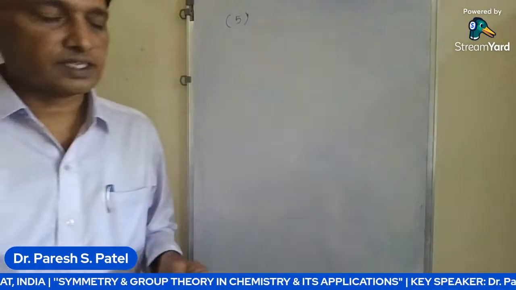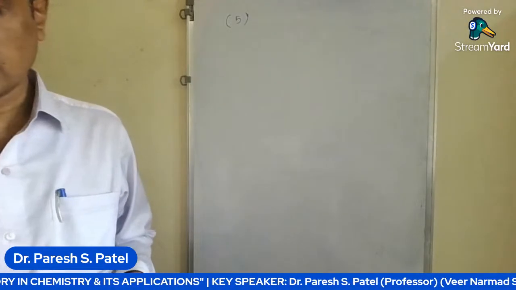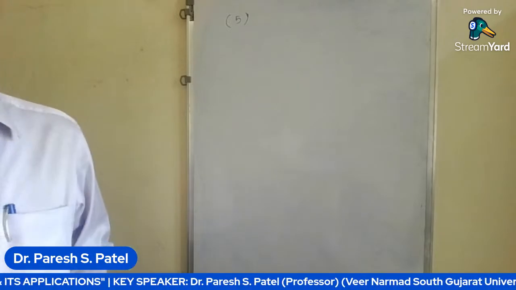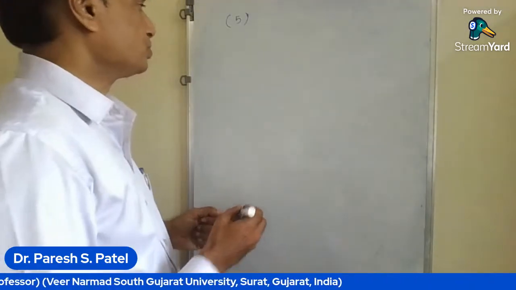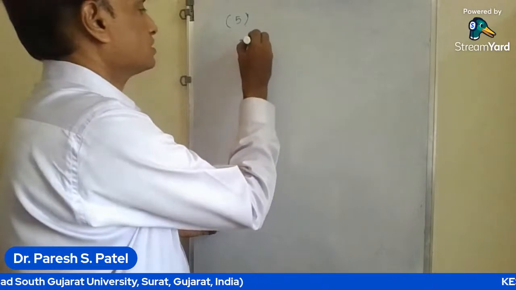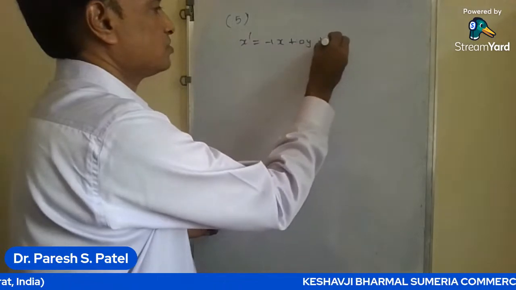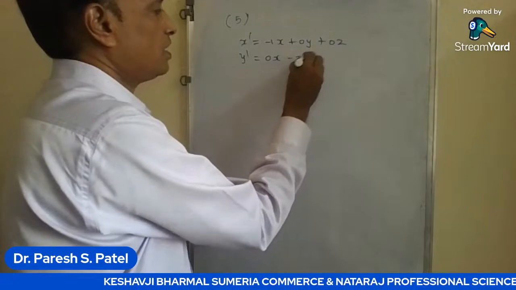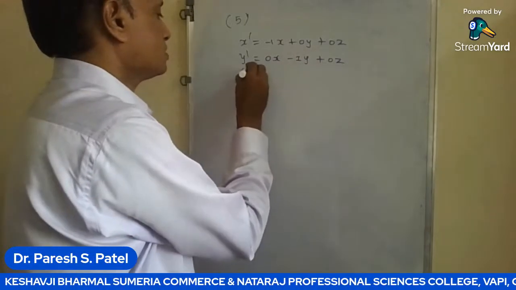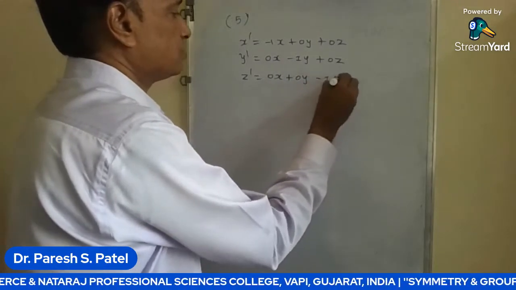Now suppose x, y, and z are the coordinates of the vector p, and if we operate center of symmetry or point of symmetry, x' is equal to minus 1 into x plus 0 into y plus 0 into z. y' is equal to 0 into x minus 1 into y plus 0 into z. z' is equal to 0 into x plus 0 into y minus 1 into z.